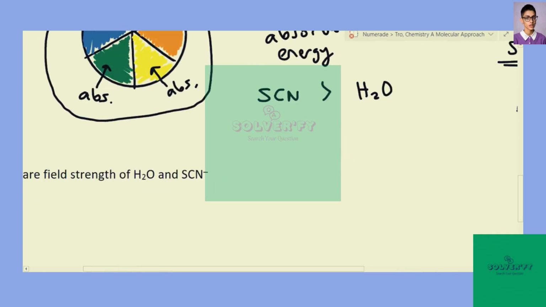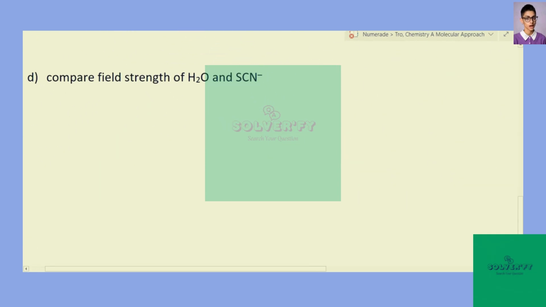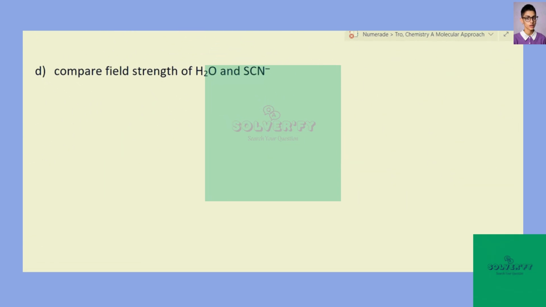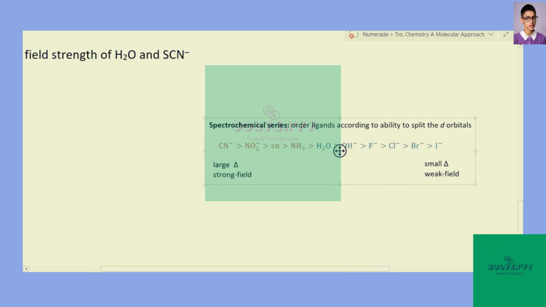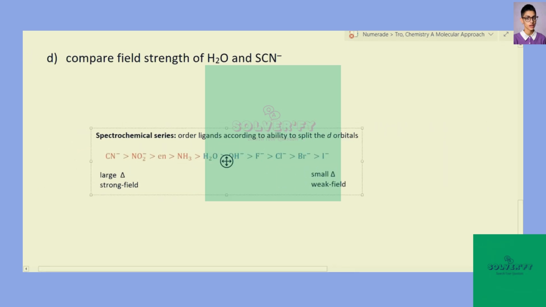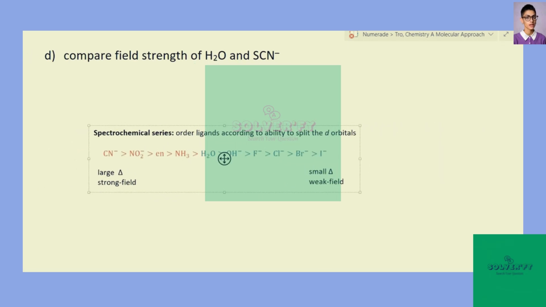Next, given the information we found in parts B and C, we need to compare the field strength of the two ligands, the water ligand and the thiocyanate ligand. For that, it would be helpful to have our spectrochemical series, which orders ligands according to their ability to split the orbitals.